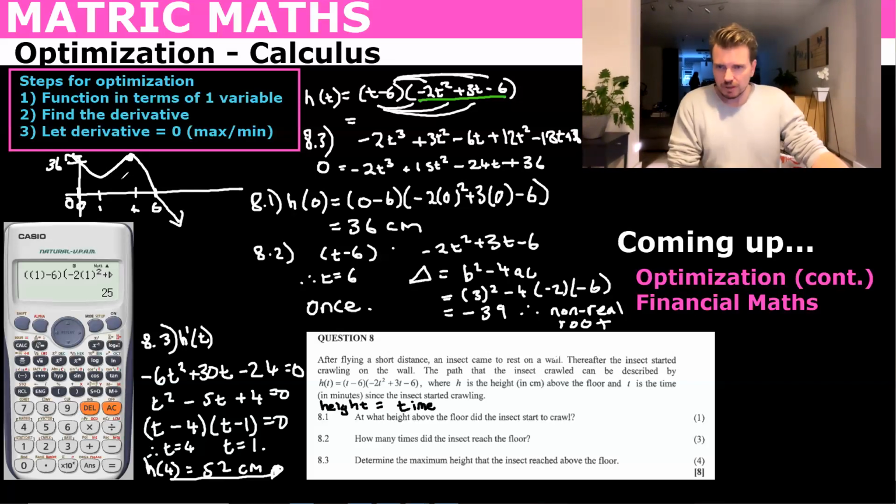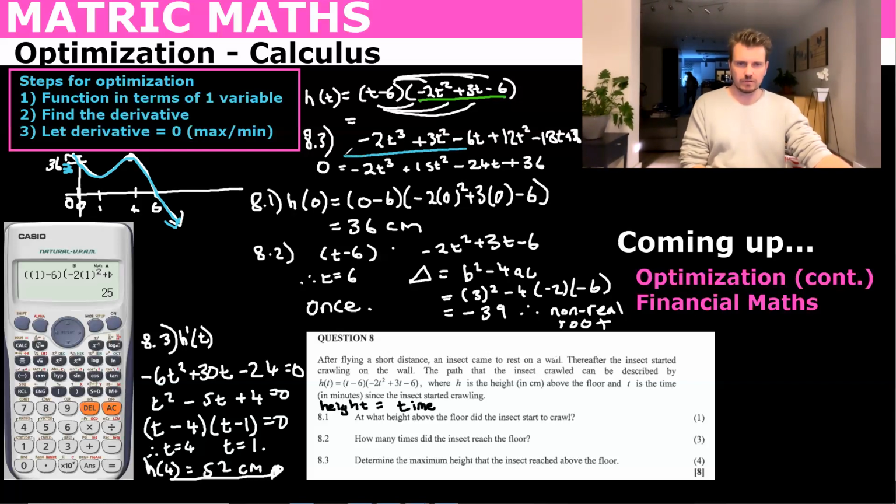So that's what the function would look like over here. I'll do it in blue so that you know which one I'm talking about. It hits at 36, goes down, then comes back up, and then goes down again. Now I just want to look at this negative 2t cubed to investigate this cubic function here.